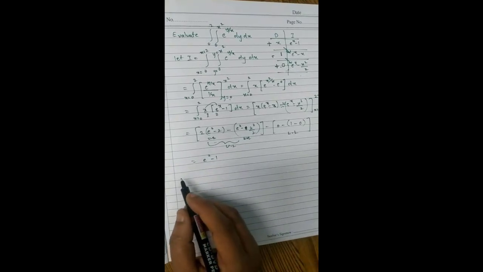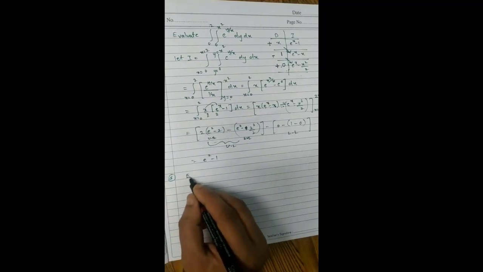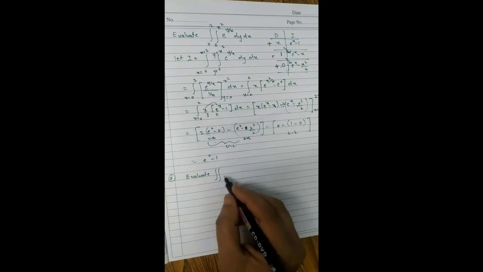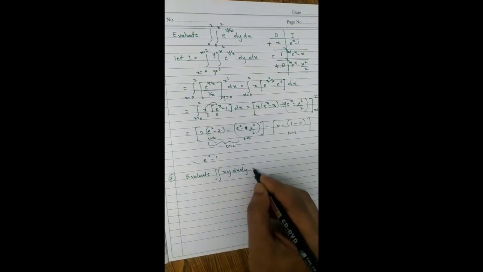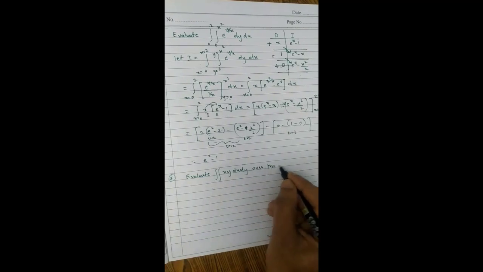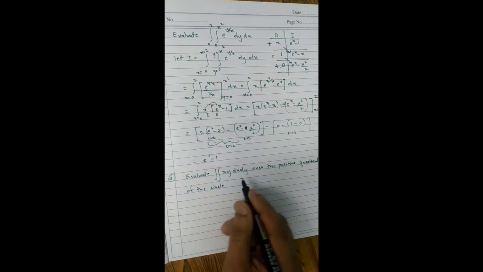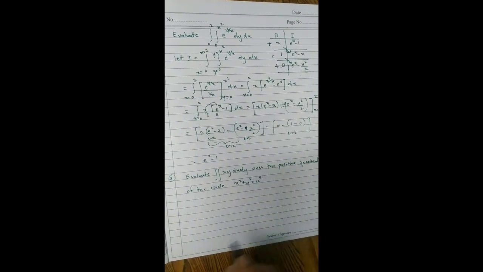Fine. Now let us move on to one more question, and that question is: evaluate the integral of xy dx dy over the positive quadrant of the circle, that is x square plus y square equal to a square.